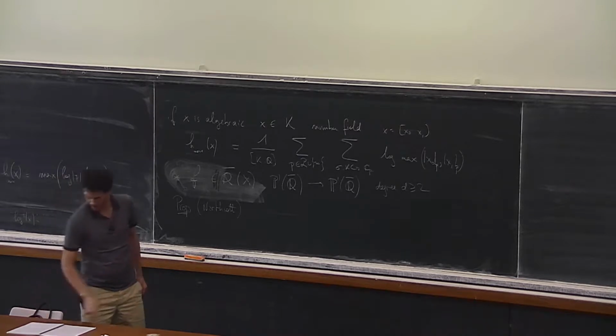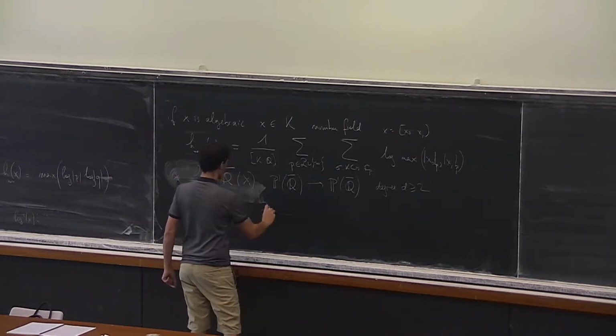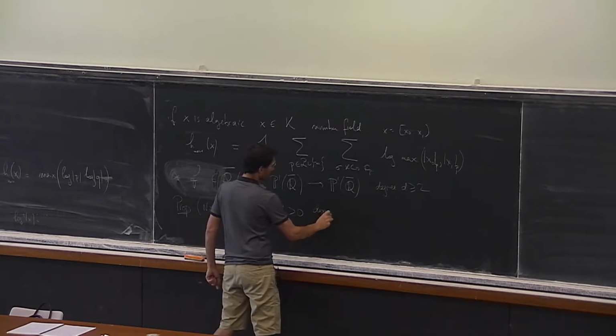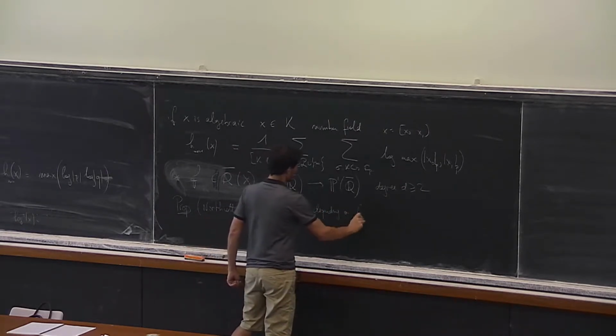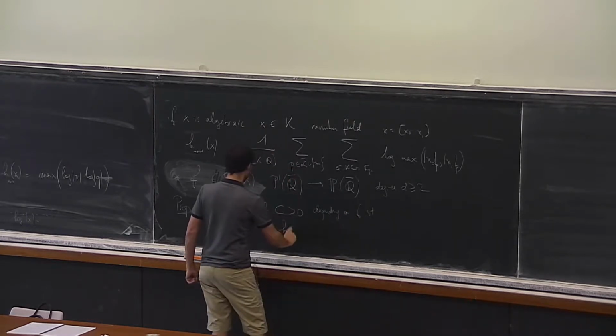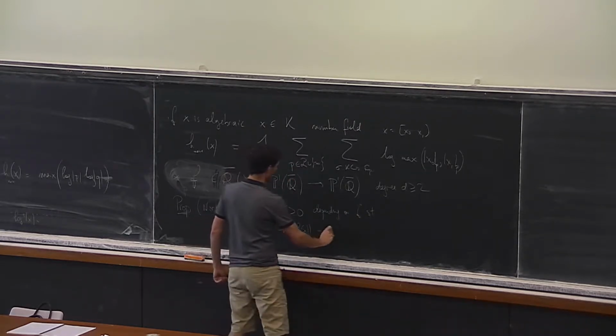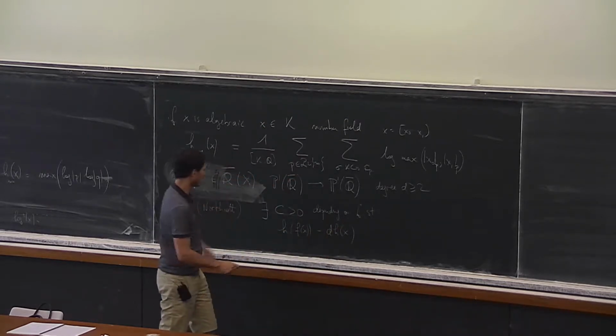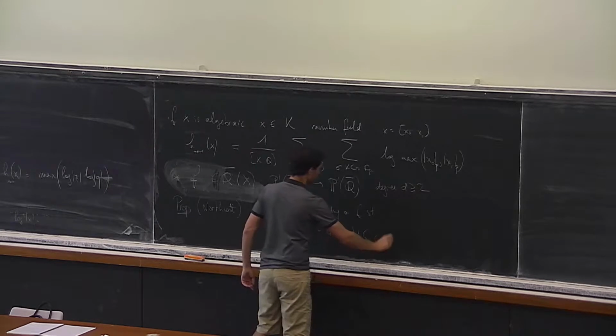There exists a constant C, which depends on f, such that the height of f(x) minus d times the height of x, so it's always the naive height here, is bounded by C.